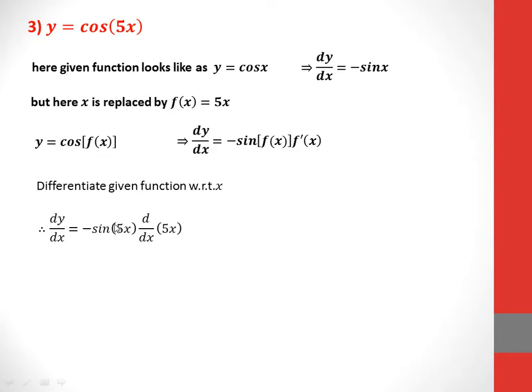In place of x there is f of x, that is 5x. So dy by dx is equal to minus sin 5x into 5, because the derivative of 5x is 5. So the final answer you can write as minus 5 into sin 5x.